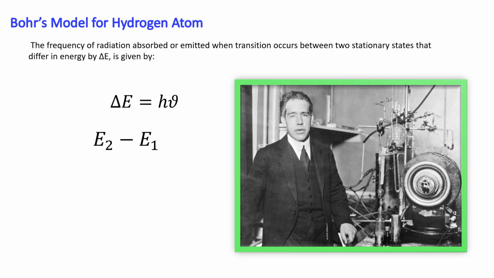So (E2 minus E1) by h is equal to nu. If we know the energy of the final and initial states and Planck's constant, we can calculate the frequency of the radiation of energy which is absorbed or emitted by the atom.